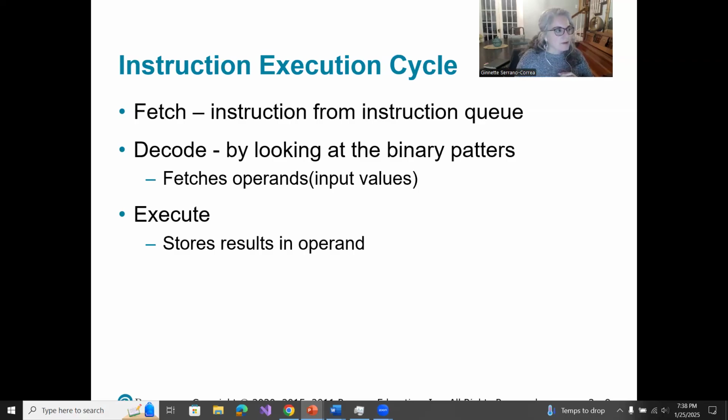When you open a program, like I said earlier, the instructions of your program go to memory. There's a certain chunk of memory that's allocated to that particular program. There's also a stack that contains the instructions in the order that they need to be executed.